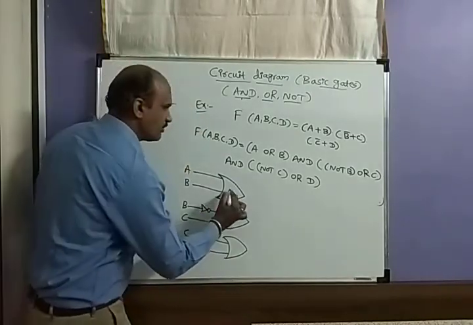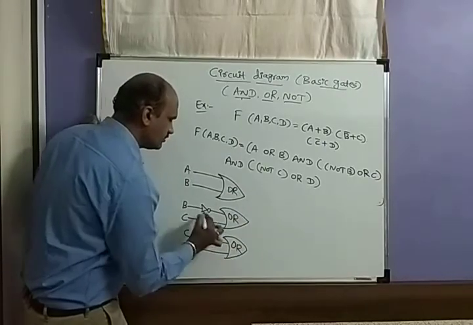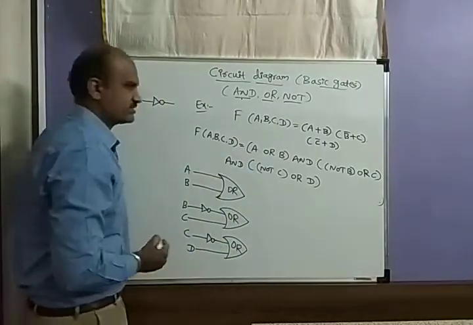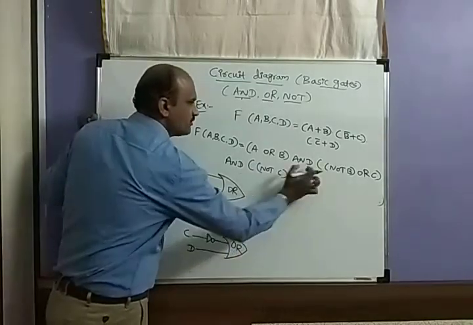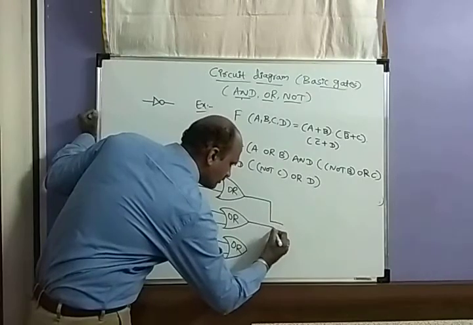Okay. So these are all what? OR gates. 3 OR gates with the NOT gates, and all the 3 should be combined with AND.